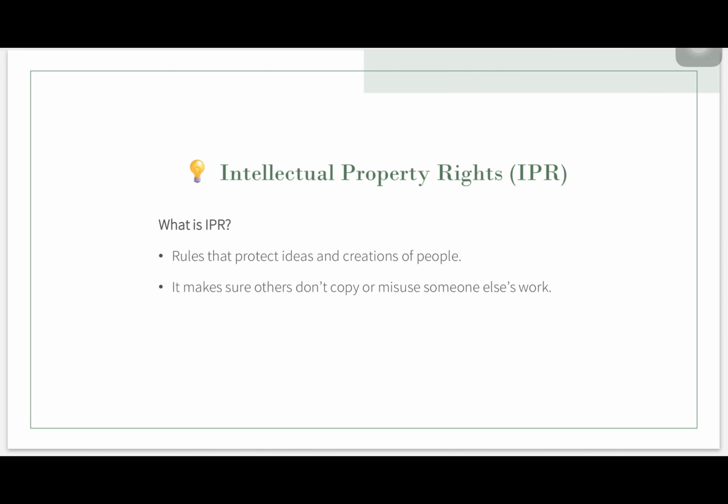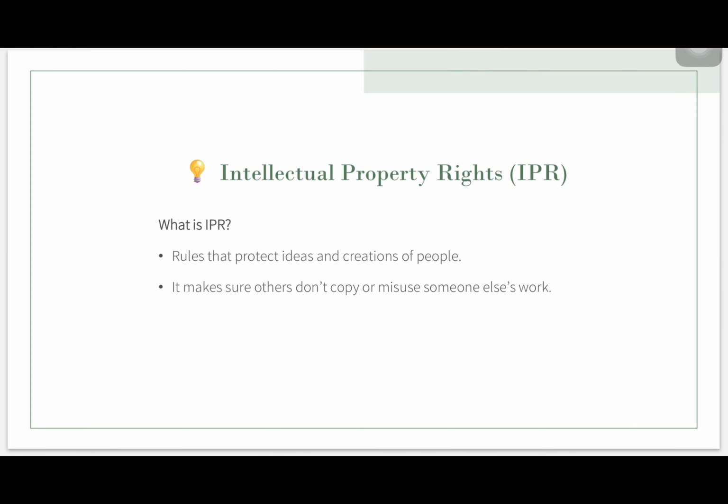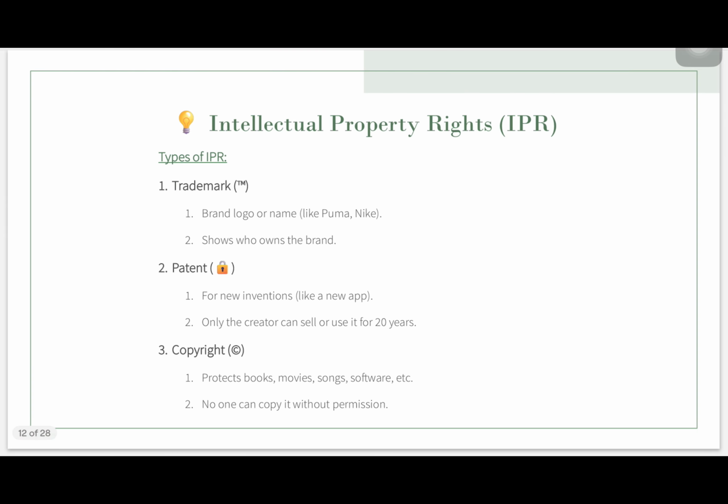For example, if I build any new thing, if I innovate anything which is unique in this whole world, no one has seen this or ever thought about creating this, I have created this, so I will register that with the IPR rules. So if I register, no one else can use that thing without taking my permission. So what it basically does is protect my ideas and creations of people. So it is called IPR.